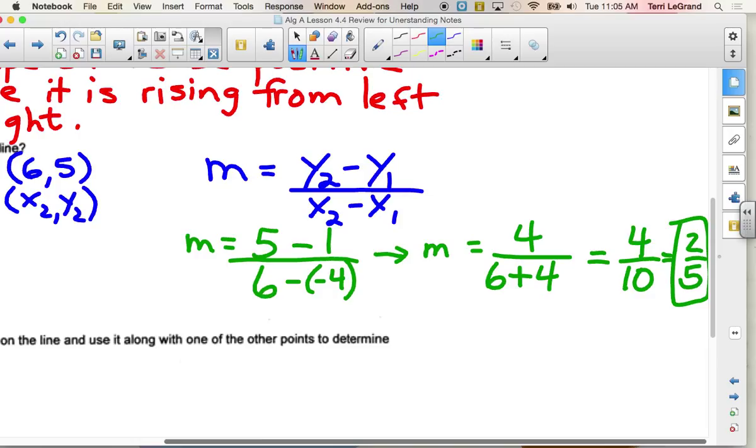If you started with this one and went down 4, then you went 10 to the left. And notice, that's what happened here. Don't we have that rise over run right here? Yes. So algebraically, it's just really doing the same thing. It's counting, but it's doing it without the graph for us.